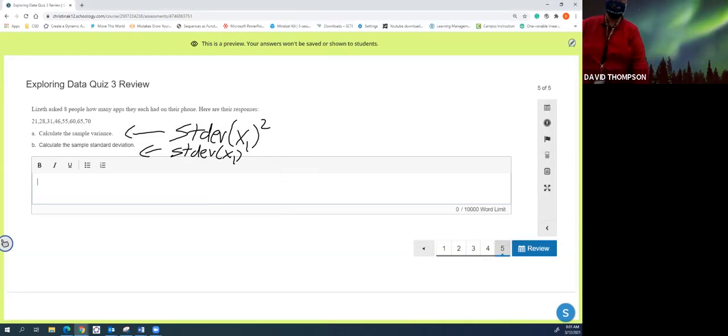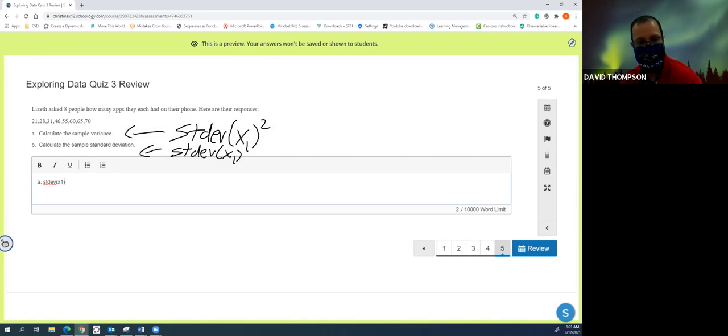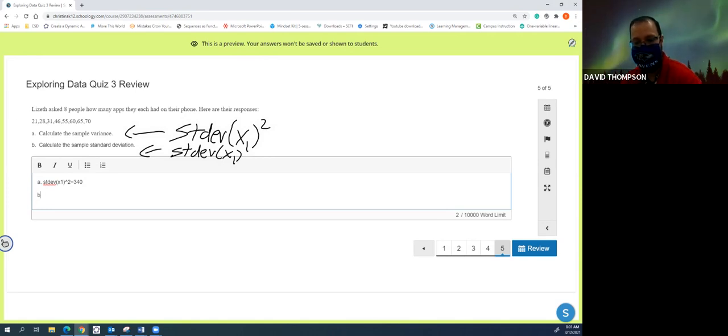Or you can just type STDEV. So we'll just type it like it says. STDEV x1 squared equals 340. And then for part B, STDEV x1 equals, now we just have to find our sample standard deviation.